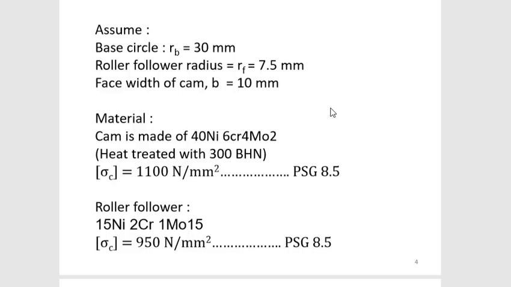So these are the data that is missing in the question, and we require this data for drawing the cam profile. The material of the cam is 40 Ni 6 Cr 4 Mo 2. The roller follower material is 15 Ni 2 Cr 1 Mo 15. Both have a different design contact strength, and this particular material is selected from the PSG 8.5.